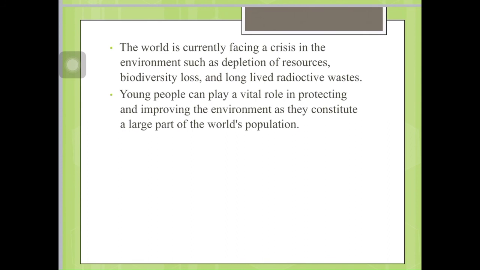At saka yung mga radioactive na alam natin na delikado kapag naipon, pagsabog. So, as a youth, meron tayong gampanin, or malaki yung gampanin natin sa pag-improve at pag-protect ng environment natin.